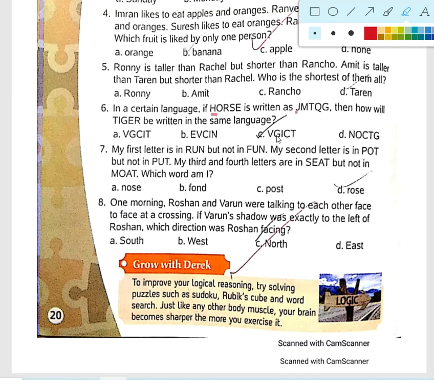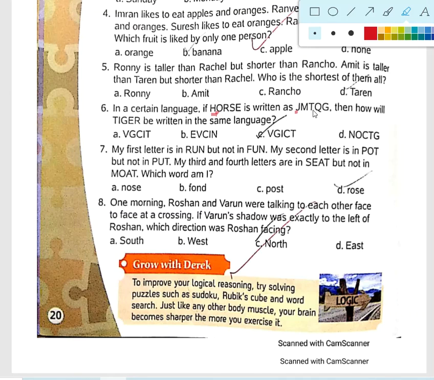A, B, C, D, E, F, G, H, I. So we skip I and then we write J. So after H we leave one letter and we write J. In O, does M come after O or before O? I, J, K, L, M, N, O. So M is coming one letter before O.